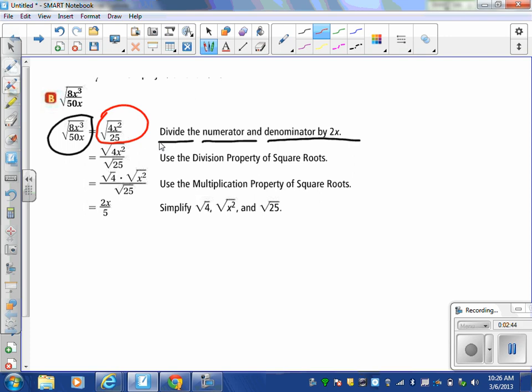We need to take that another step further, and we could rewrite it just like we did the other problem, with a square root on top and a square root on the bottom. Once we do that, we can separate the two and break it down a little bit further. We can take the 4x squared and put the square root sign over the 4 and the x squared, and then just bring down the square root of 25 underneath.